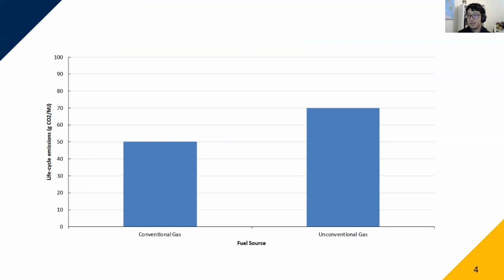We talked a little bit about these 2 fuel sources. Okay, so I'd like to have a quick chat with someone. Want to volunteer to help me interpret this graph?